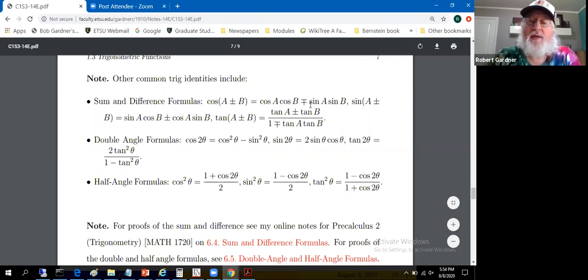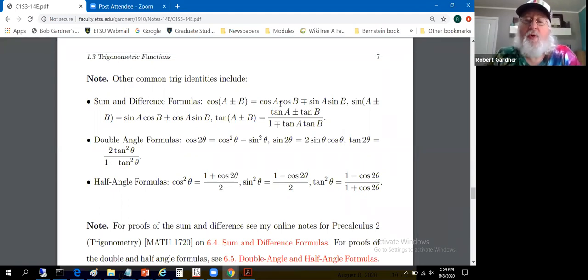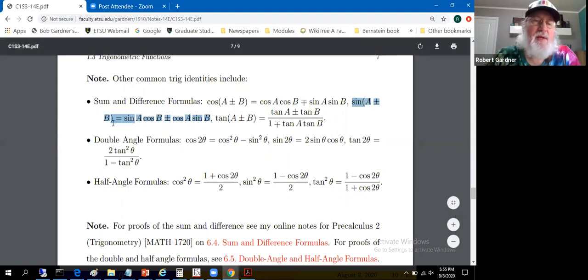So plus or minus, minus or plus, respectively. Summation formula for cosine, you've seen this before in your many travels. There's also a summation formula for sine, as given here. Sine of A plus or minus B is sine A cosine B plus or minus, correspondingly, cosine A sine B.